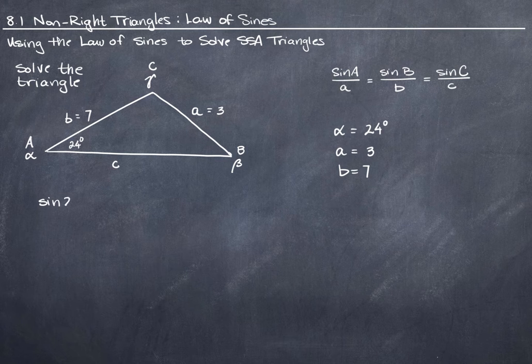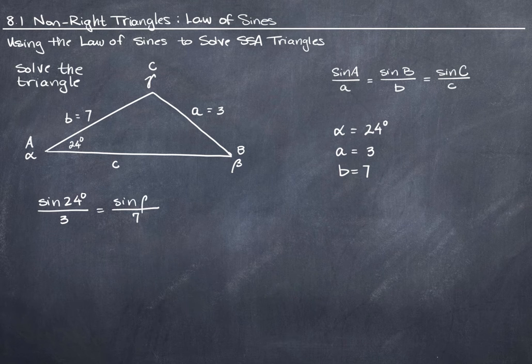The sine of 24 degrees over 3 is equal to an equivalent relation. Now the only other one I have here is angle beta, or angle B, across from the side with the length 7. So I'm going to put 7 there. I'm going to have to use opposites, so I need the sine of angle beta here.